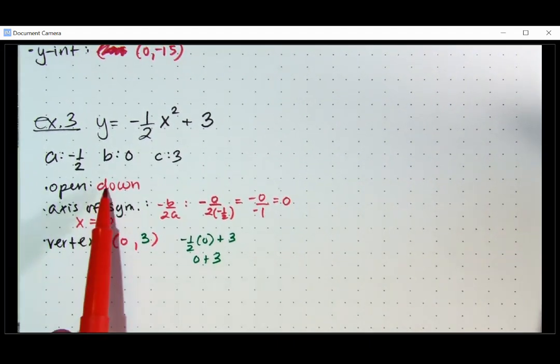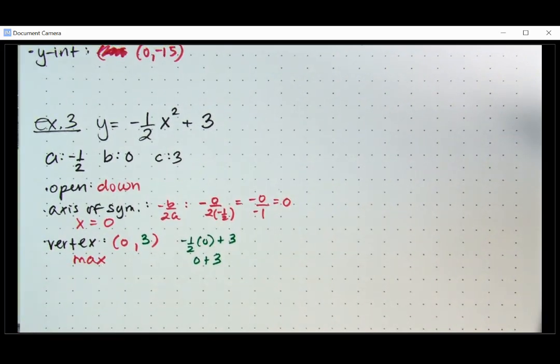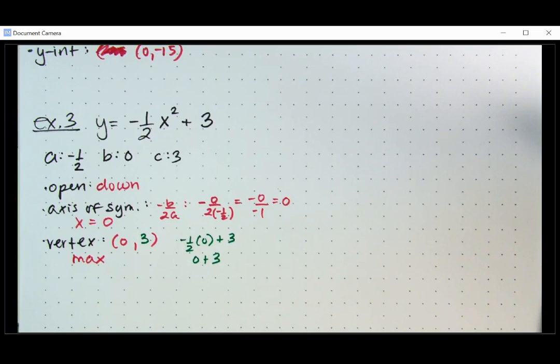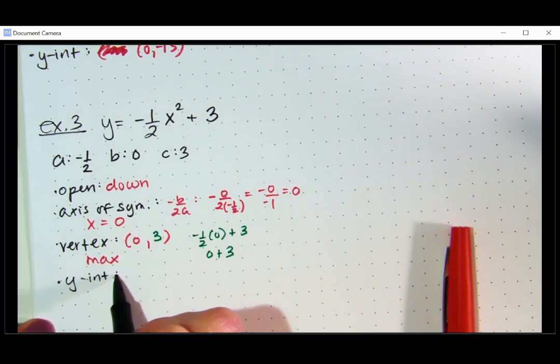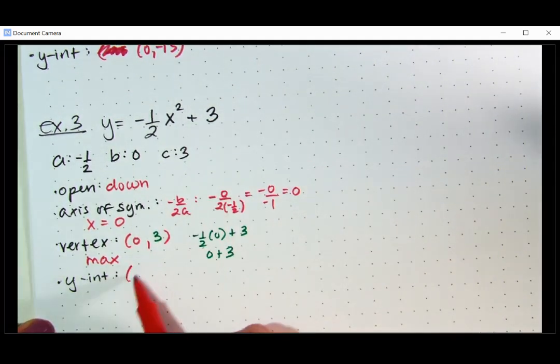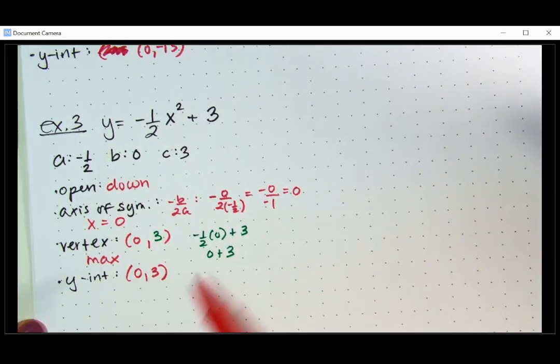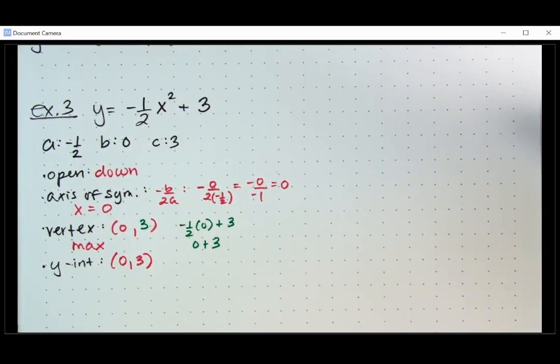Because my parabola opens down, this is going to be the maximum point. My y-intercept is going to be my c. And if you notice here, my vertex and my y-intercept are the same thing. So that works out nice too.